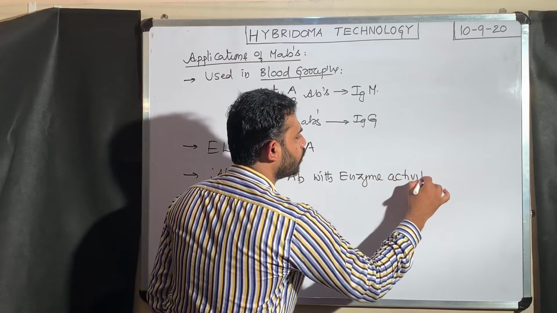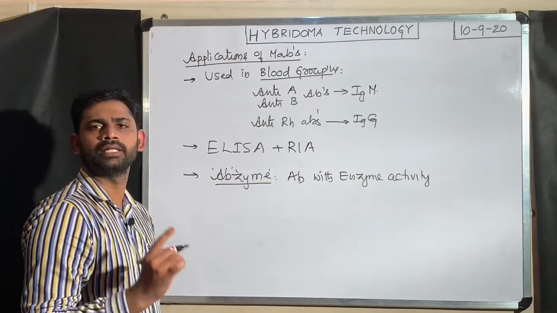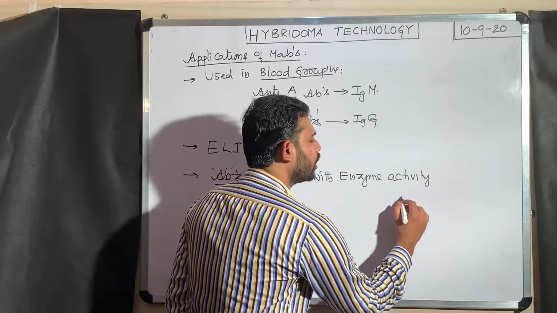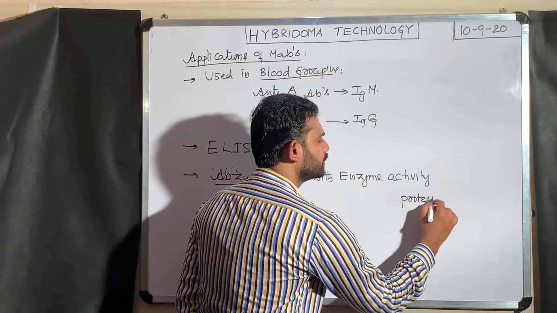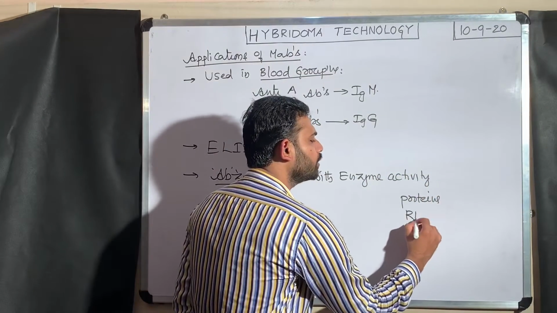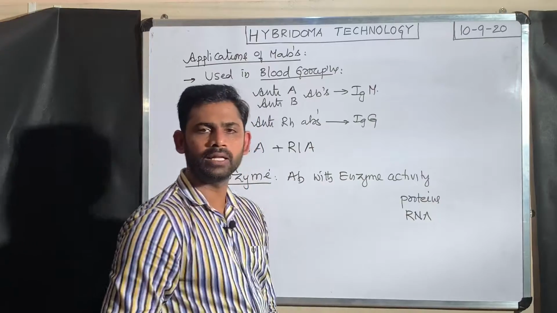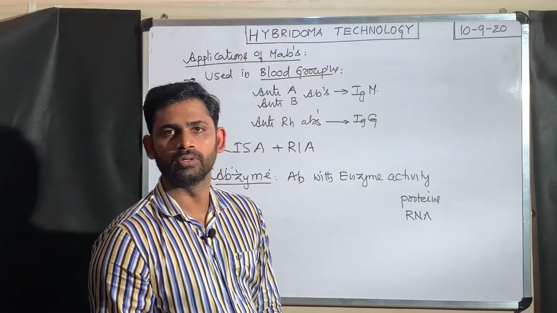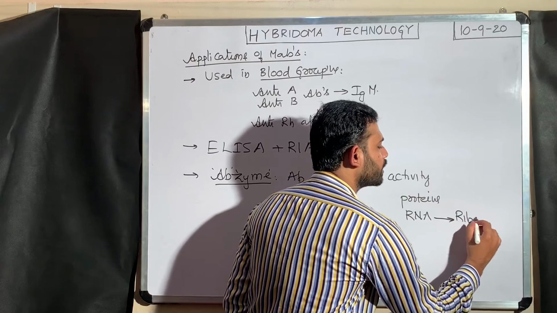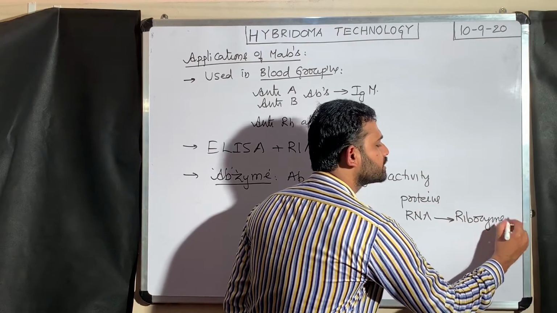As we know, 99% of enzymes are proteins. Along with proteins, some RNA molecules also act as enzymes. RNA with enzymatic activity is called a ribozyme.